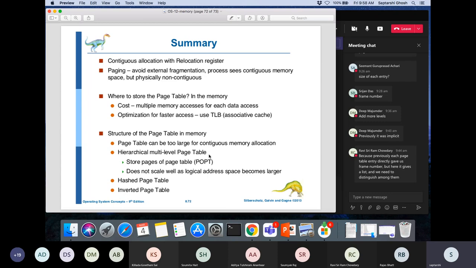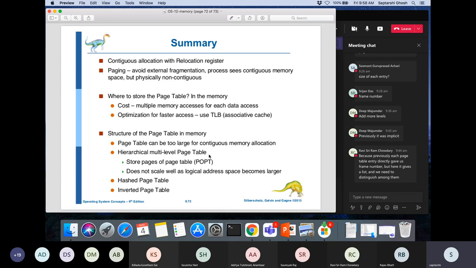And that means two kinds of issues. One is that multiple memory accesses are needed for each data access. We don't want that, so people have devised schemes like the translation look-aside buffer, TLB, for caching frequently used page entries. Also, another problem is page tables have become huge, and we cannot allocate contiguous memory space for such huge page tables.